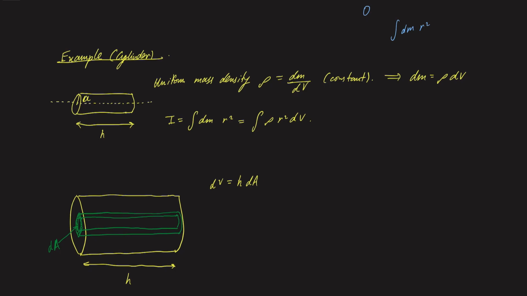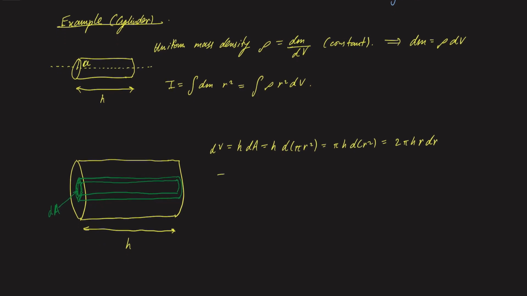So we have that dA is just d of pi r squared, and differential elements of the area of a disk give us the area of this ring. So it's going to be pi h d(r squared), and d(r squared) is just 2 times r dr, so we have 2 pi h r dr. Okay, so that's the differential volume.